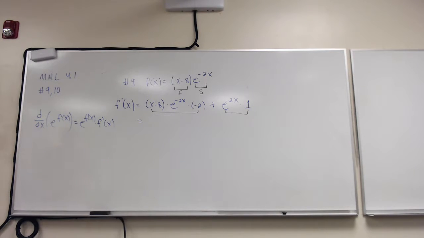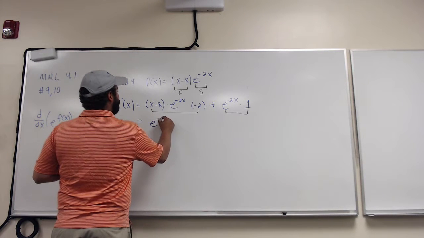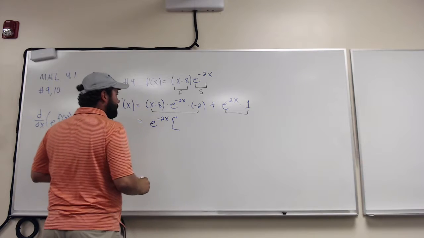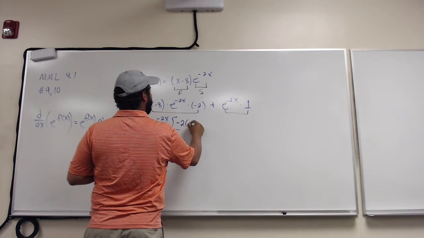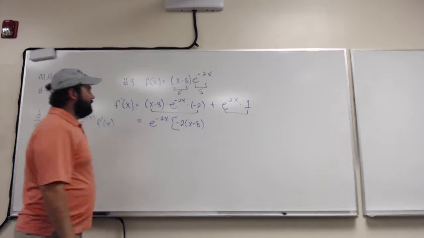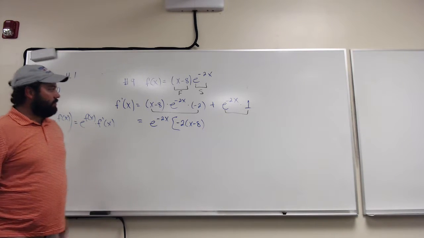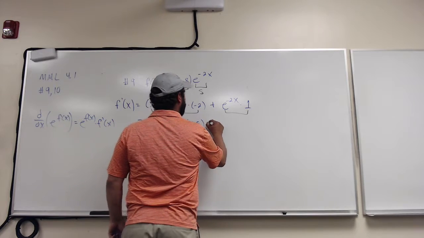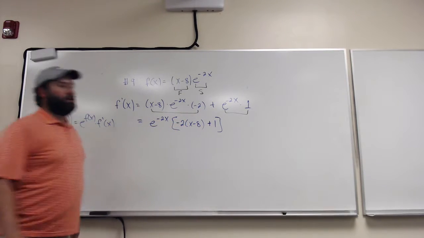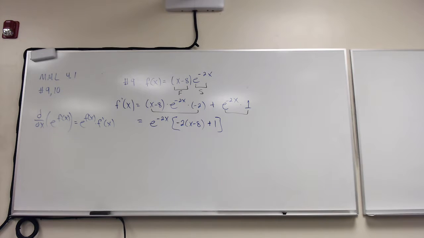Anybody see any common expression in those? E to the negative 2x. Okay, they both have an e to the minus 2x, so you can factor that out front. The leftover stuff is going to be negative 2 times (x minus 8), because we factored out this e to the minus 2x, and I only factored out the e to the minus 2x over here, so you still have a plus 1.